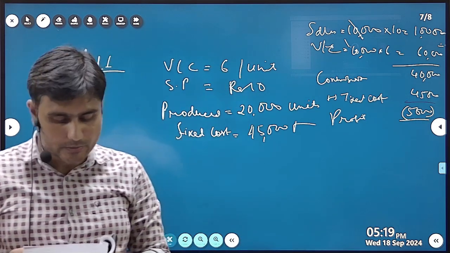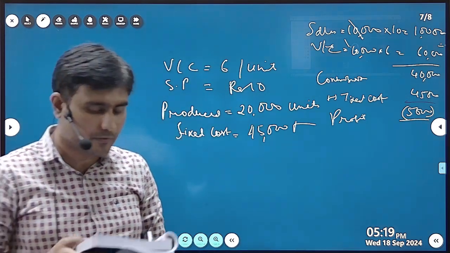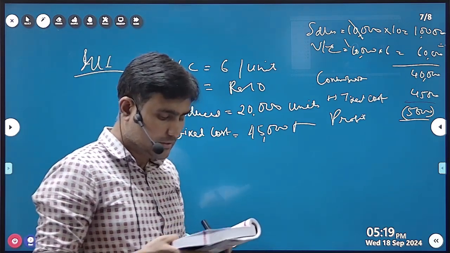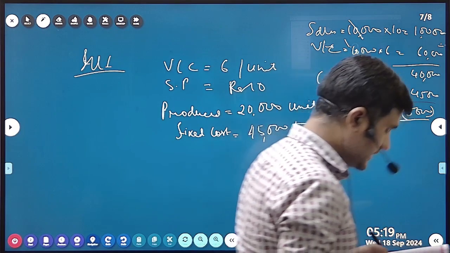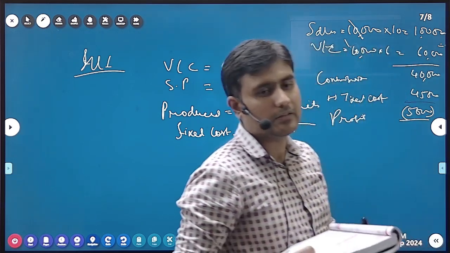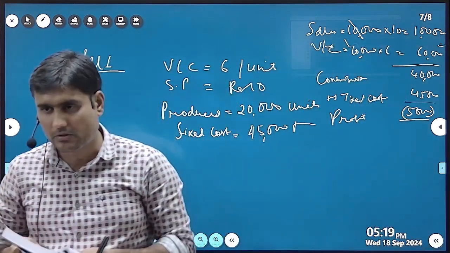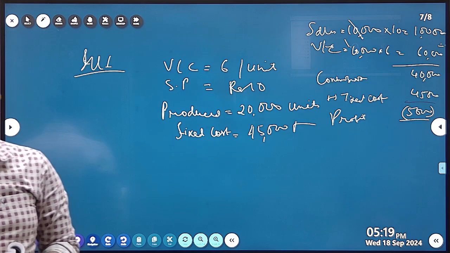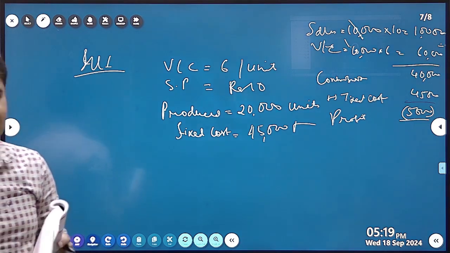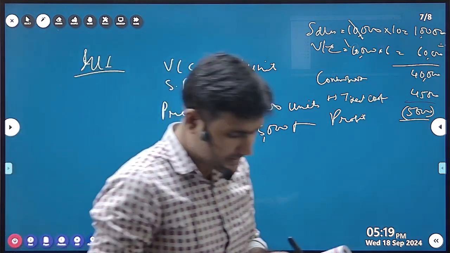Similarly, the contribution per unit and profit per unit: profit per unit is also increasing, but the contribution per unit remains the same. You see, there is no change in variable cost, so the contribution per unit remains the same.